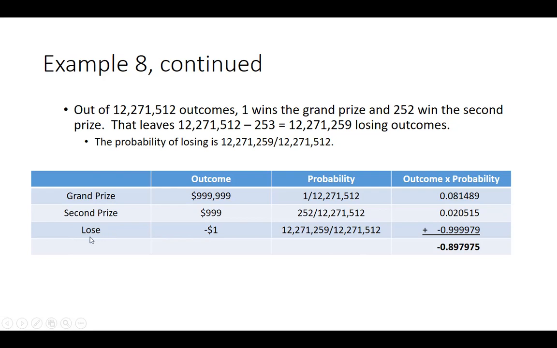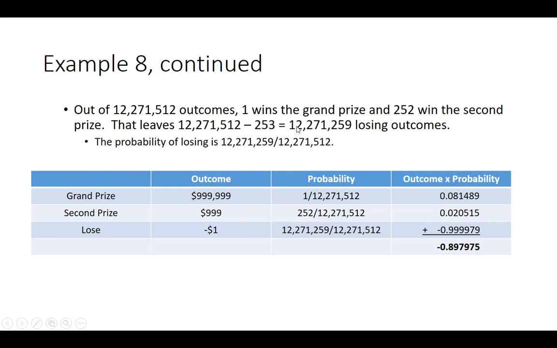And finally, the option where you lose, the outcome there would be negative $1. You lose the entire dollar that you spent. The probability here, well, out of the 12,271,512 outcomes, 1 wins the grand prize and 252 win the second prize.